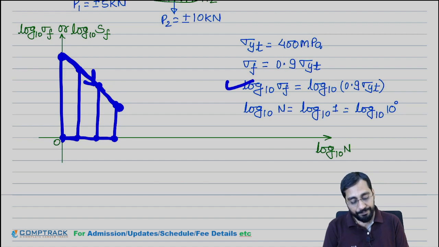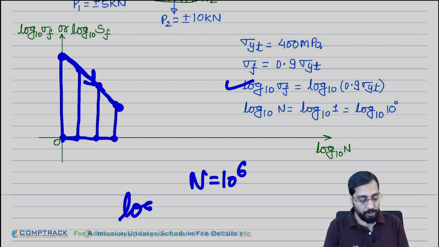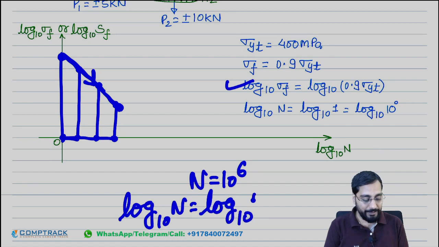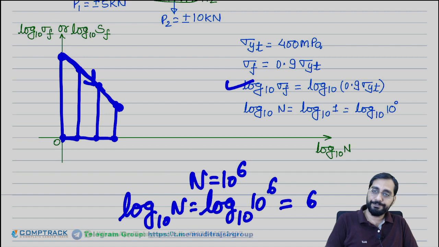So here, when the number of cycles is 10 to the power 6, log of N means log 10 of 10 to the power 6, which will actually be 6.